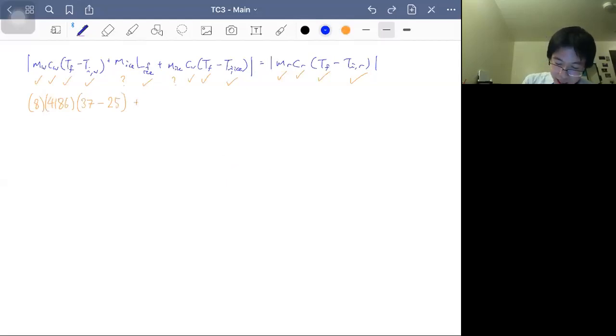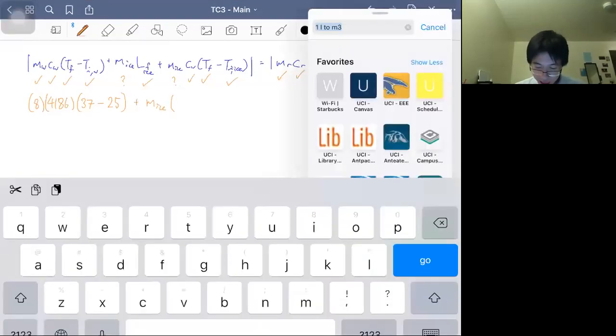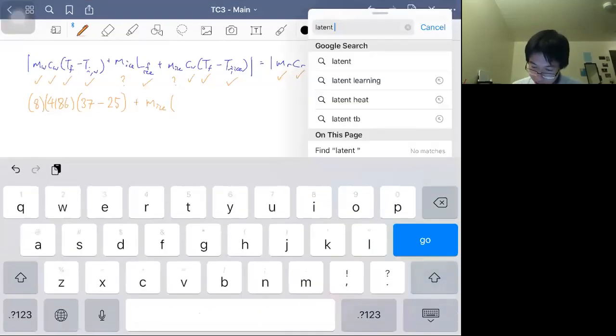You need to be careful which way around it is and make sure everything is positive. 37 minus 25 is positive, so that's good. Next is M ice, latent heat of fusion of ice. Let's find out what that is.